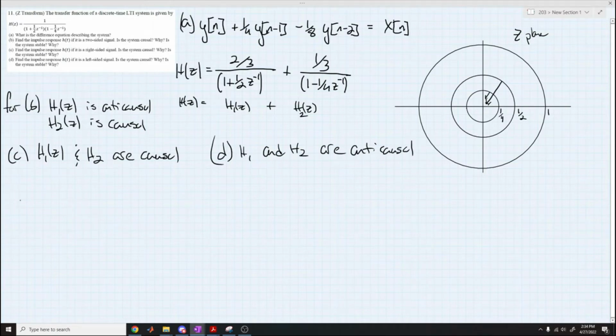And now we can actually get our H of n. So H of n, and this is just using your transform tables.